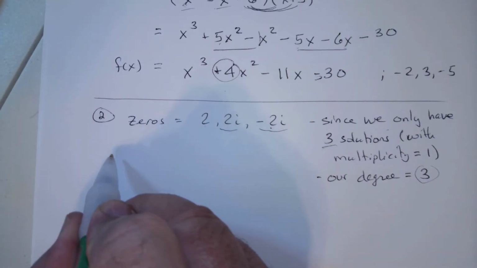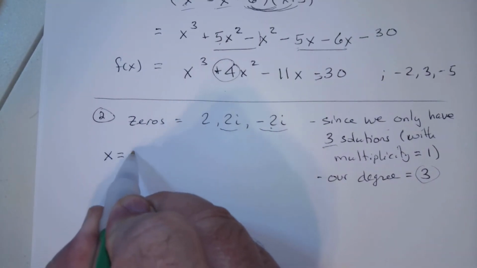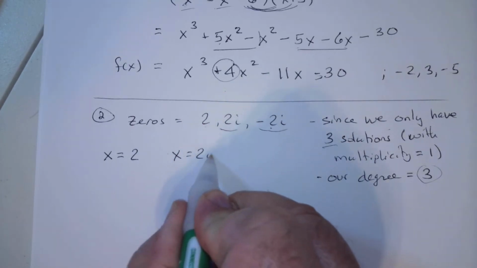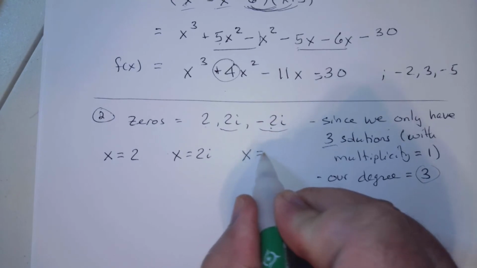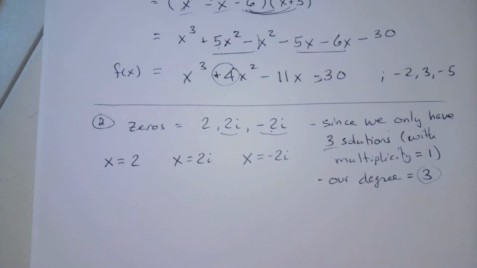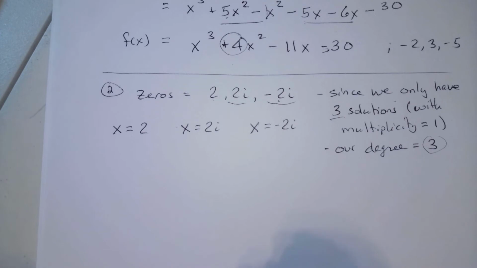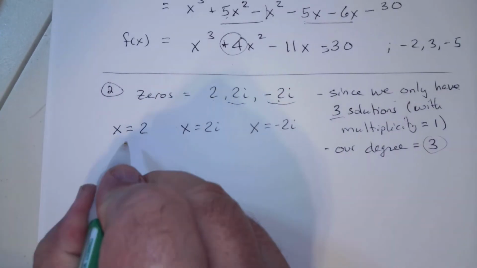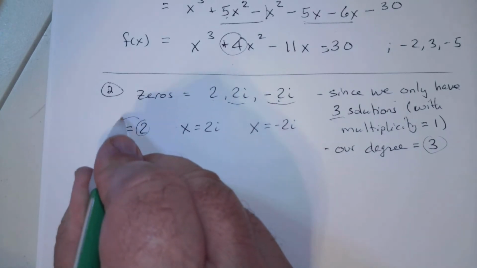So what we've got to do is set each one of our answers equal to x. That's the first step. Take your zeros, set them equal to x. Now make them equal to 0. Move this number to the other side.